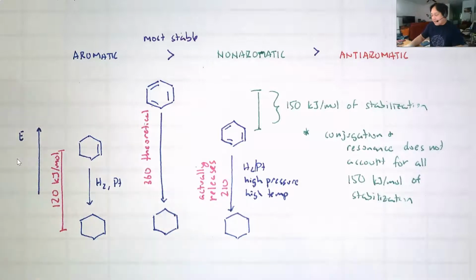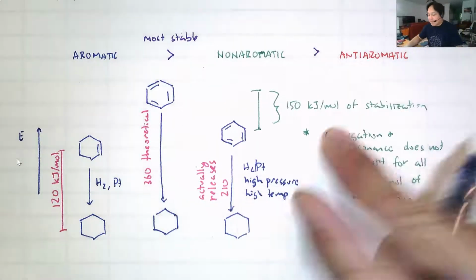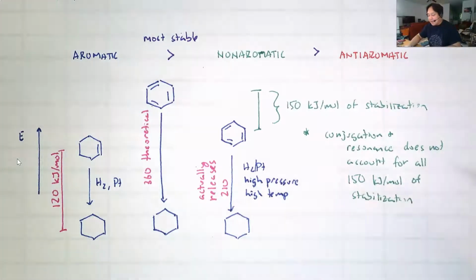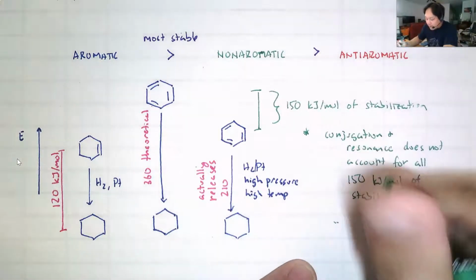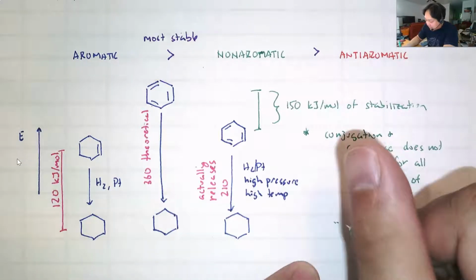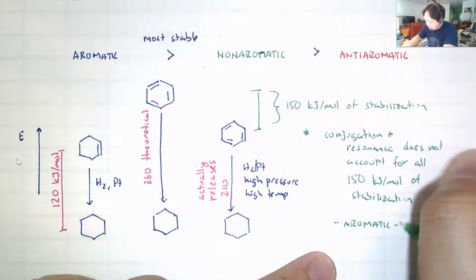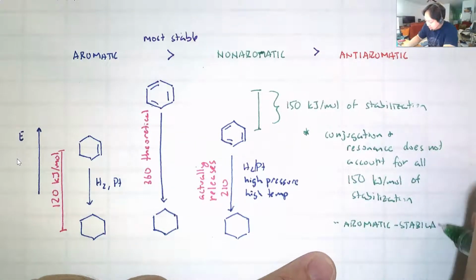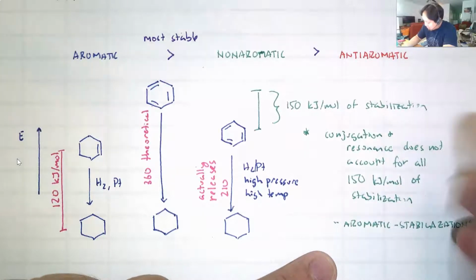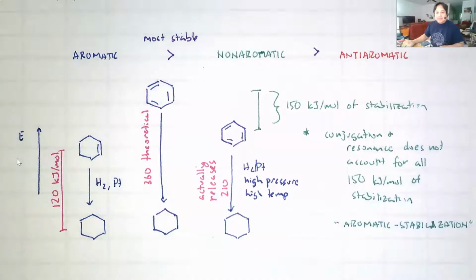All right, so that number is not important to memorize, but it's important to understand that this is a combination of resonance stabilization, which goes hand in hand with conjugation stabilization, and something else. That something else is called aromaticity, or aromatic stabilization.